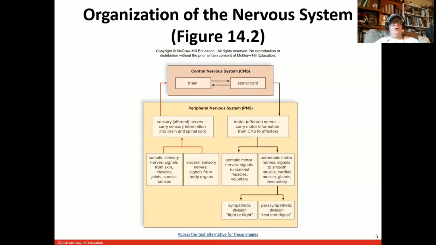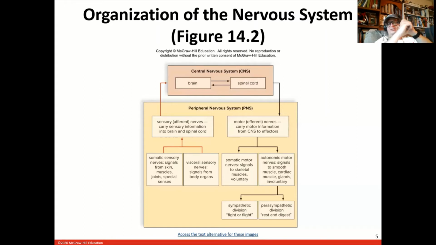It will cause your, say, your muscles will get more oxygen because your blood vessels going there will dilate. But your digestive system, it's going to get less oxygen because the muscles in the arteries and capillaries going to the stomach, they're like, eating right now is not real important.